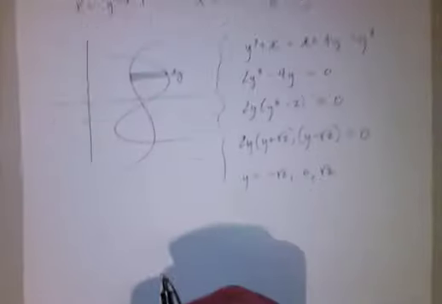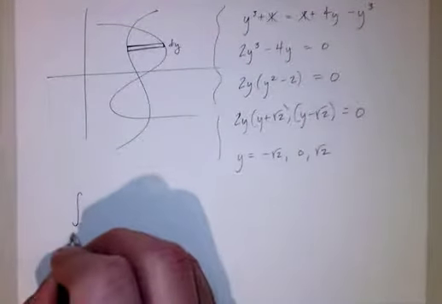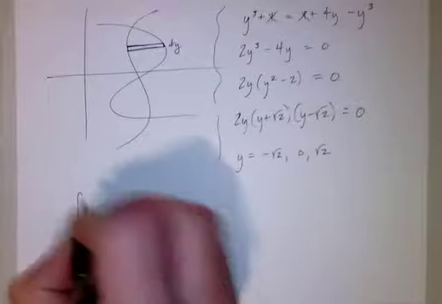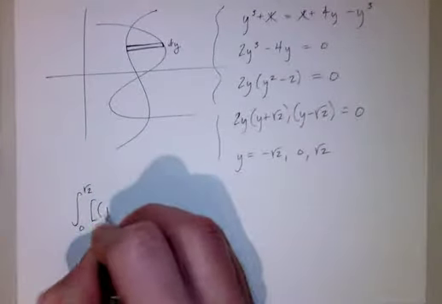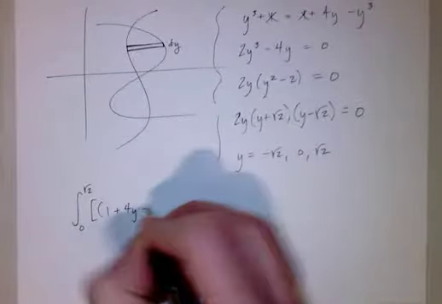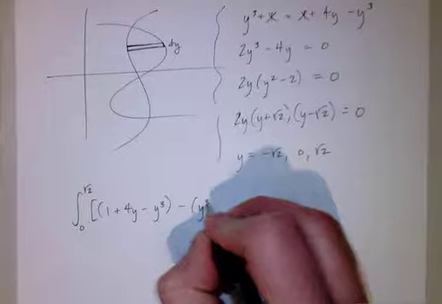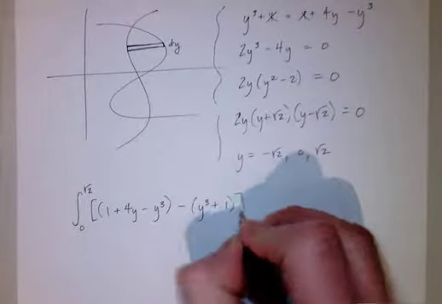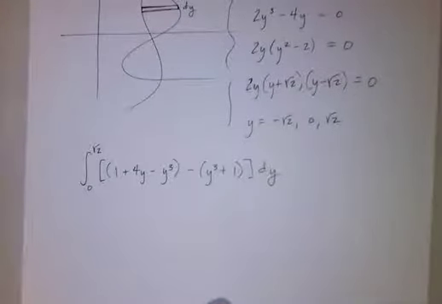And so what we need to do here in order to get that first quadrant area is integrate from 0 to root 2 of 1 plus 4y minus y cubed, minus y cubed plus 1, and that would be it.